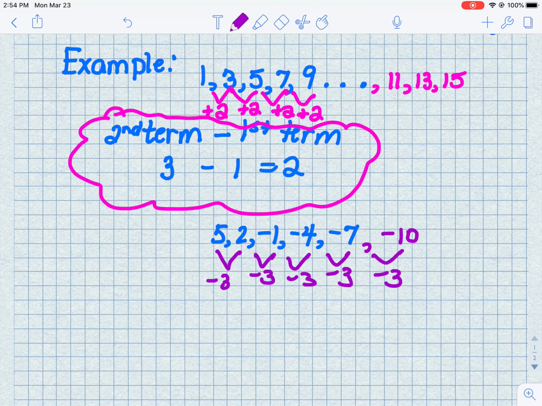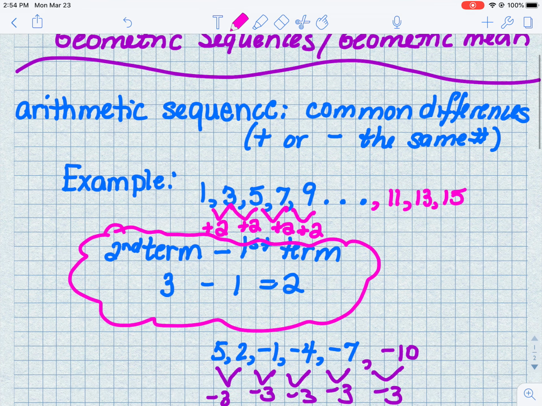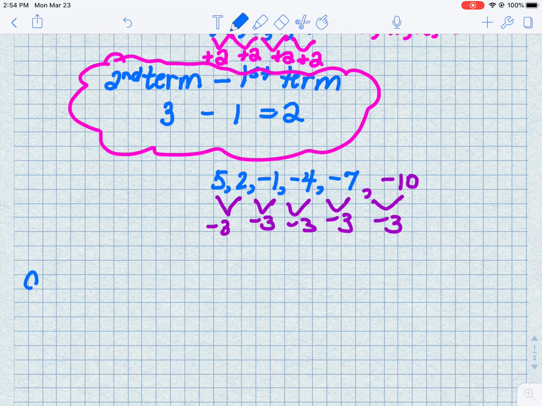So that's arithmetic sequence. Now let's talk about arithmetic mean. That's actually the mean that you've always done. If we're going to do the arithmetic mean, it just sounds fancy when you say arithmetic. Remember, that's when we add all the numbers up. We're finding the average.